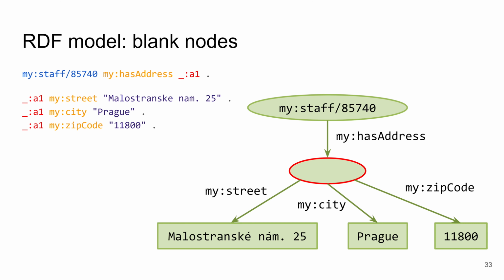But because we are in data and we still need to somehow say that, for instance, the lower three statements have this thing as a subject and the upper statement has this thing as an object, and it is still the same thing, we actually need to identify it, but not using an IRI. There is a special notation for this, and that's underscore colon and then some identifier of the blank node, which is valid only in scope of one document or one query result.